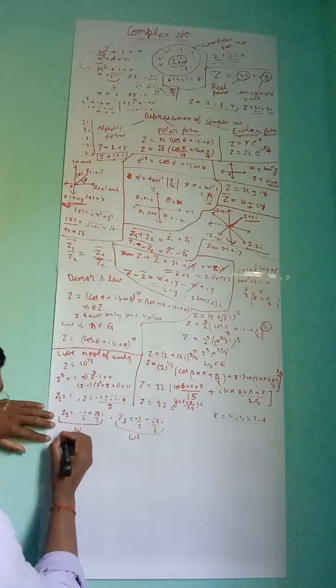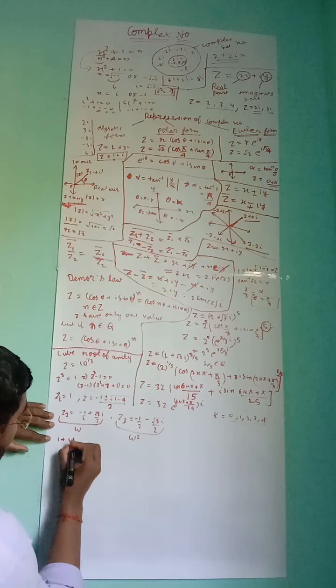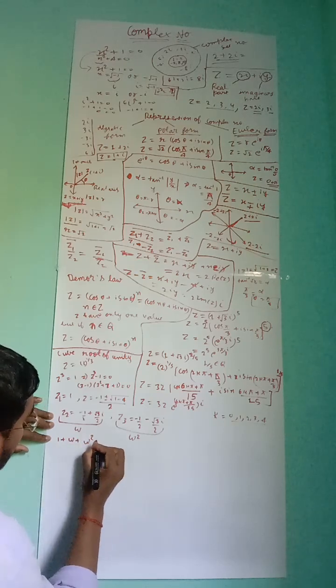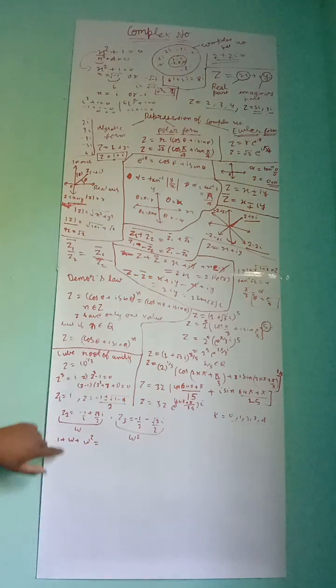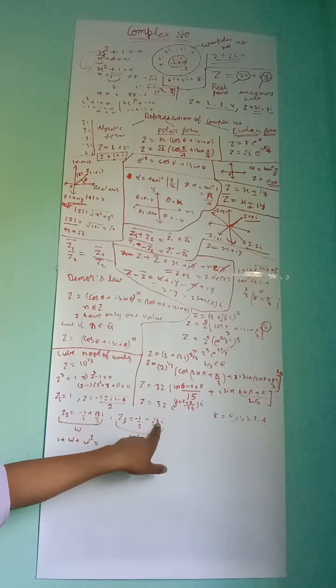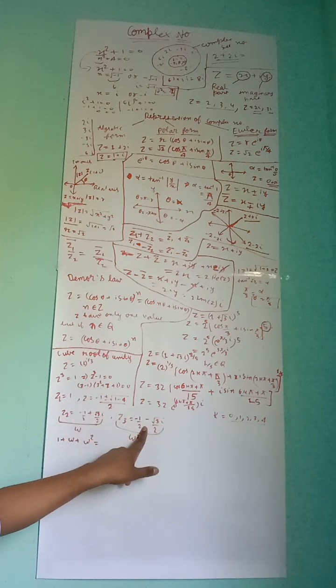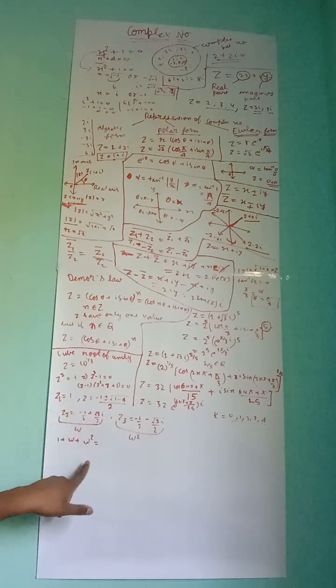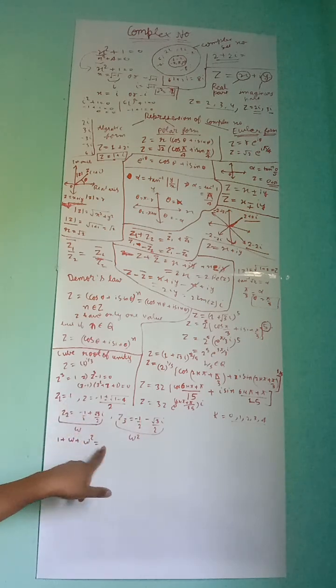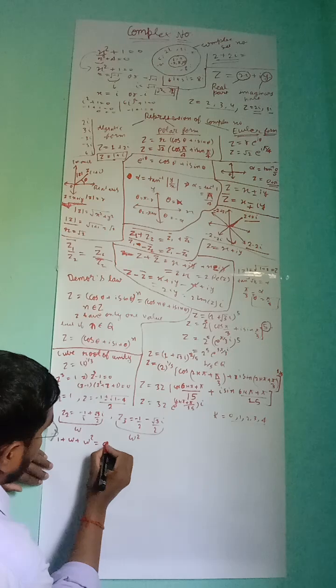So what is 1 plus omega plus omega square? Here plus minus will cancel, then minus half minus half, that is minus 1, and plus 1. This is 0.